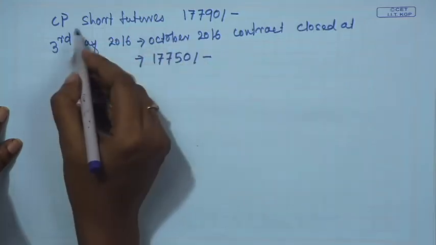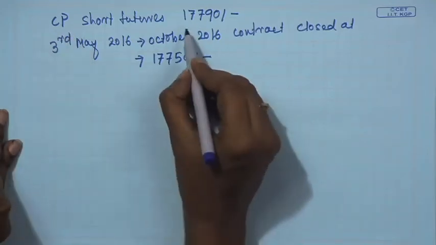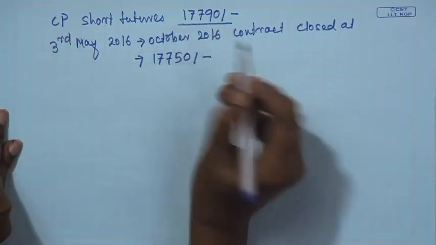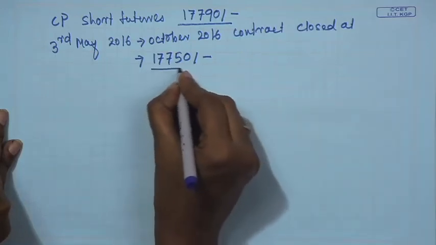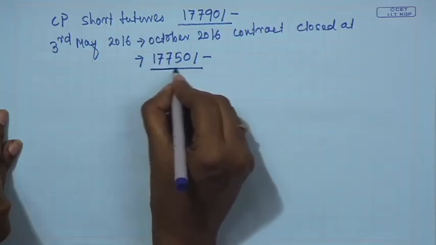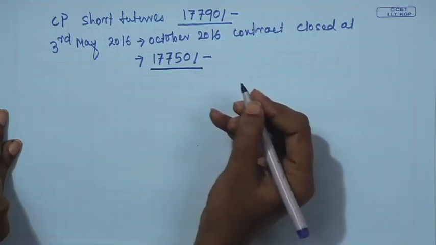So, exactly the same logic will be applied. He has agreed to sell something at 17,790 and he can buy the same thing at 17,750.